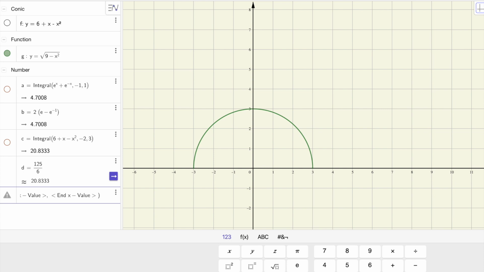This is x plus square root of 9 minus x to the 2, from 0 to 3. This will give me, of course, this is very strange. Oh no, that's correct. The reason is that GeoGebra is drawing the graph of this one.